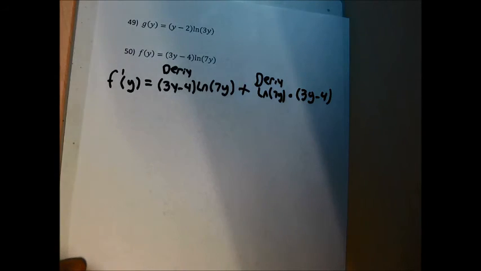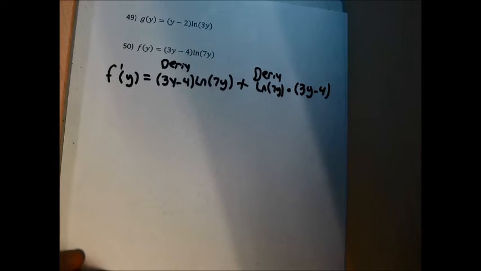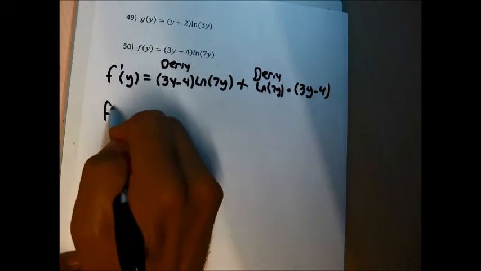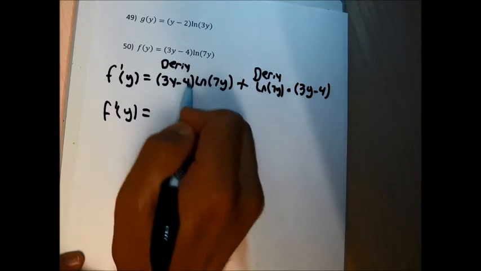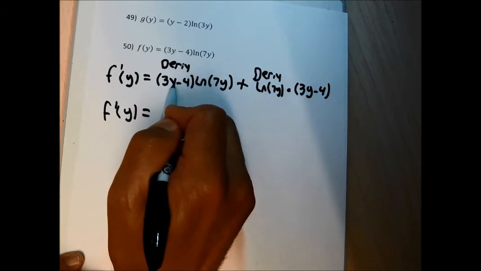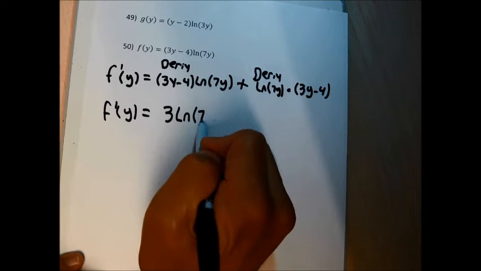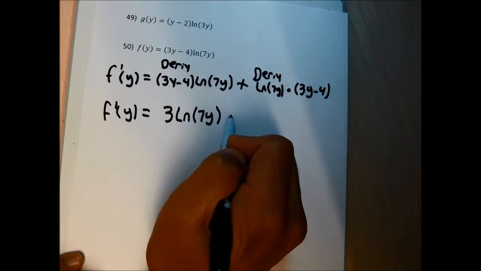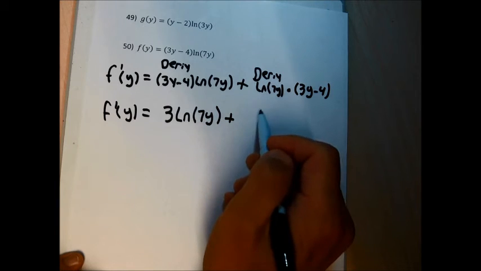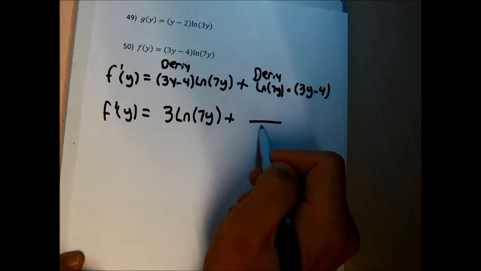This one's going to be ugly. I'm probably not going to simplify this near as much as the last one. So, first derivative. The derivative of that minus 4 is 0. Derivative of 3y is 3. So the first piece comes out to 3 times the natural log of 7y plus the next piece, the derivative of the natural log of 7y.